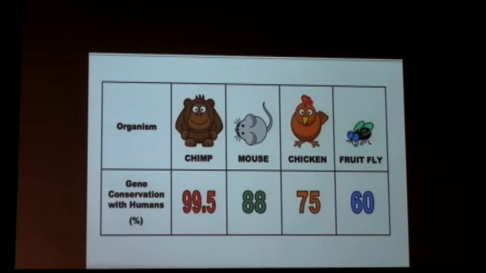And the first problem with this has been presented earlier by Jeffrey Tompkins. They do all these estimates on gene conservation with humans, so they compare a mouse with humans and chicken with humans. And hopefully you went to his talks and you're aware of all the problems with this. Okay?